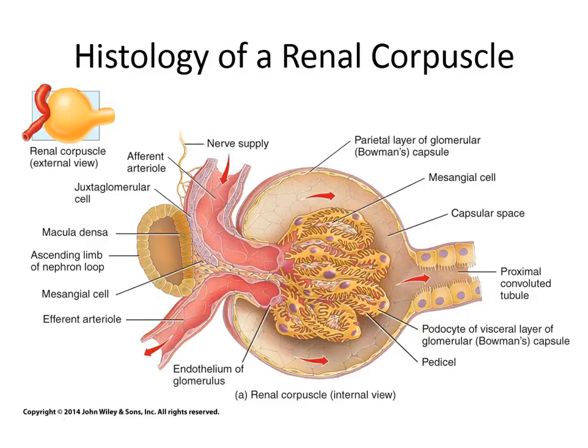It's all about filtering. So we go into this tuft, this capillary, called the glomerulus. It's under a huge pressure. So fluid, anything basically smaller than these little holes, these fenestrations in the capillary wall, can be pushed out into the space and into the tubule system.